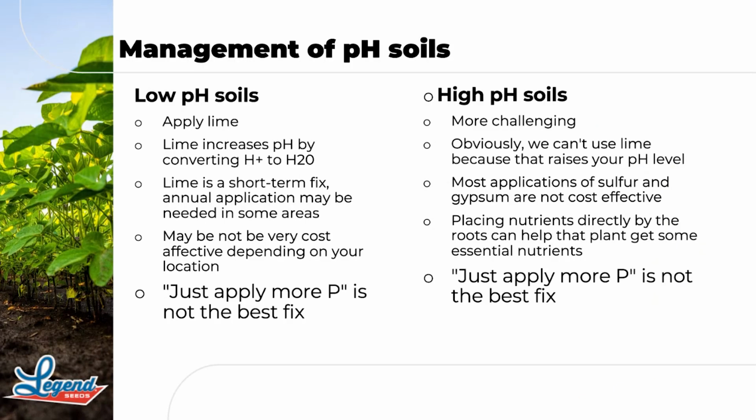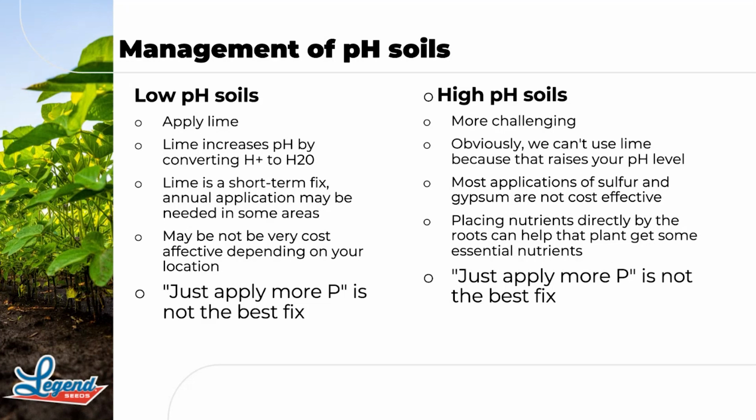So the next couple slides is how we're going to manage your soils to help release some of that phosphorus so that the plant can utilize it. Starting here is just your pH. Again, this is what your soil level is. Like the previous slide, this is how stuff's being tied up or available or not. So in our low pH soils, lime.